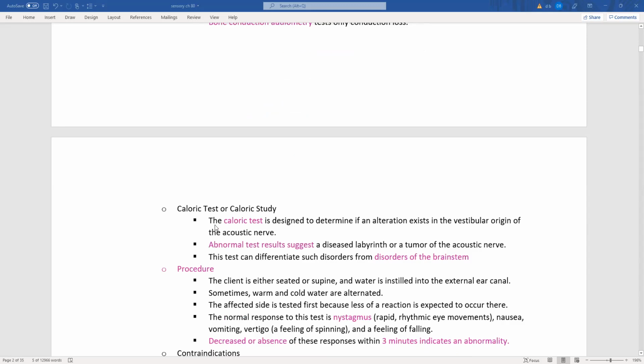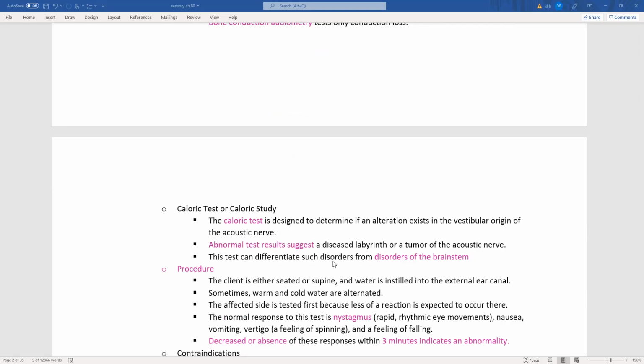So with the caloric test, or caloric study, this is a test designed to determine if an alteration exists in the vestibular origin of the acoustic nerve. Abnormal test results suggest a disease of the labyrinth or a tumor of the acoustic nerve.